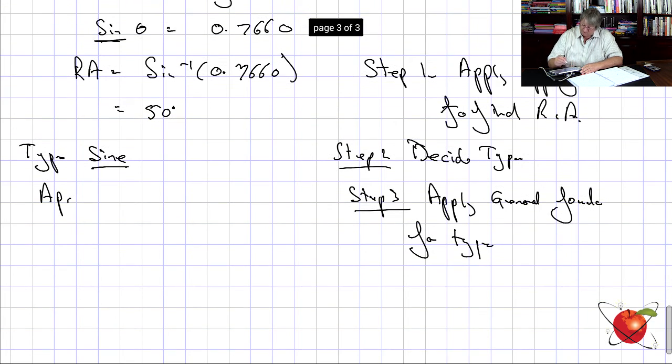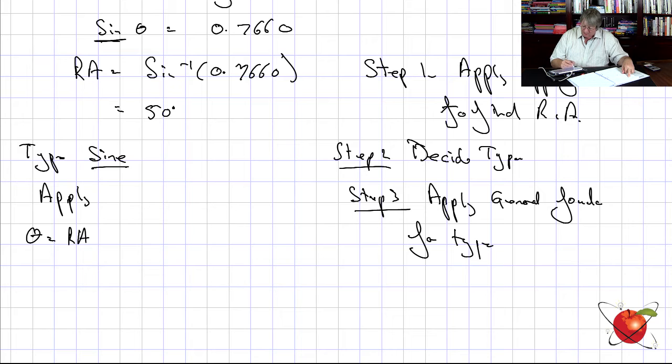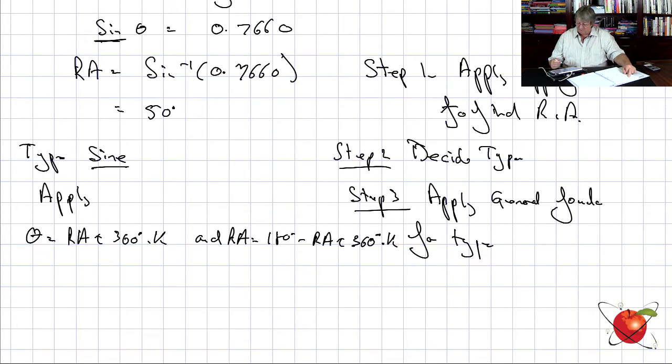Apply. It's a sine type. And if it is sine, then theta is equal to RA plus 360 degrees times K, and theta is equal to 180 degrees minus RA plus 360 degrees times K. That's the formula for the sine type.